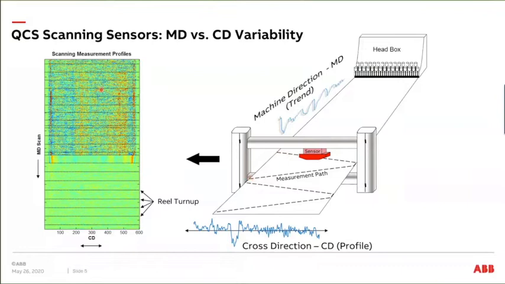Now, we look at it in another visualization here on the left, showing what we call a contour plot, which hopefully you've seen, whether on a QCS display or some other system where you've collected profiles.